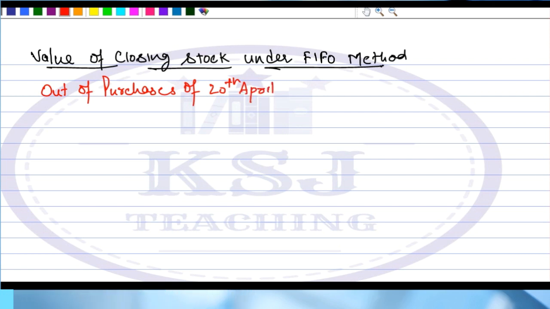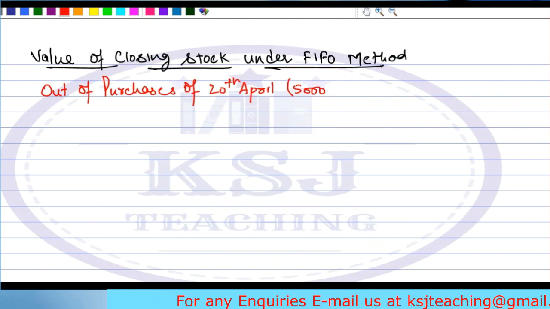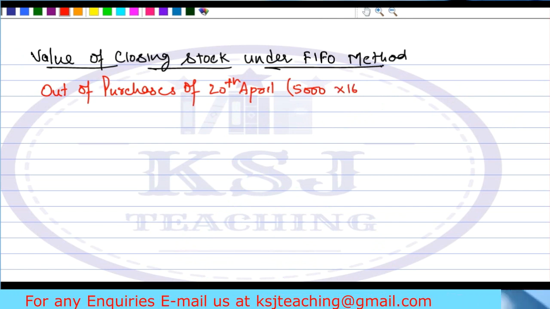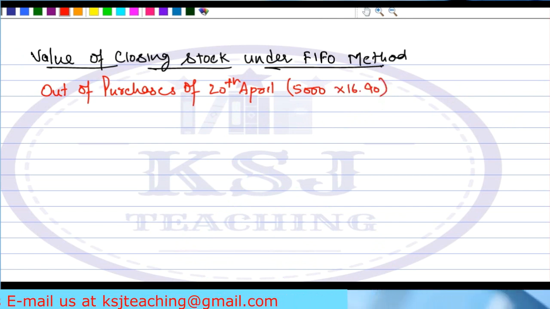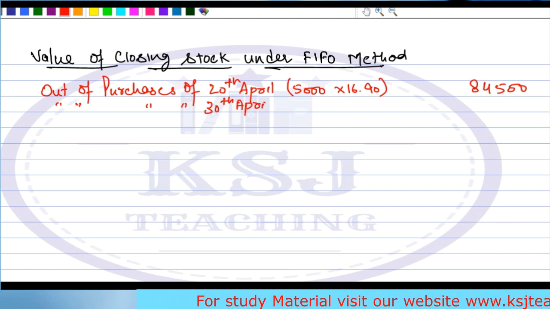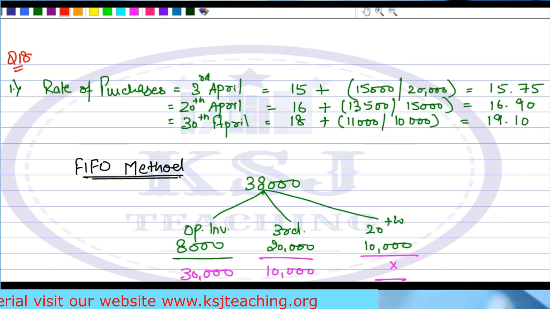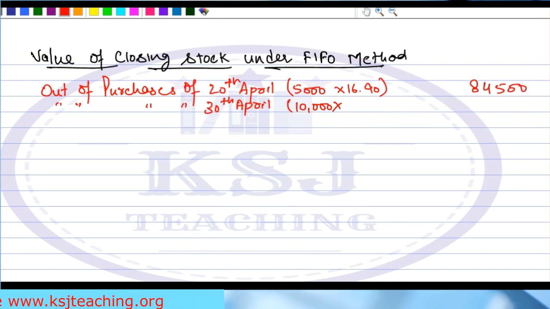How many units? 5,000 units. And what is the rate of these units? 20th April 16.90. Right? This comes to 84,500. Right? Then out of purchases of 30th April, 10,000 units multiplied by how much? 19.10.